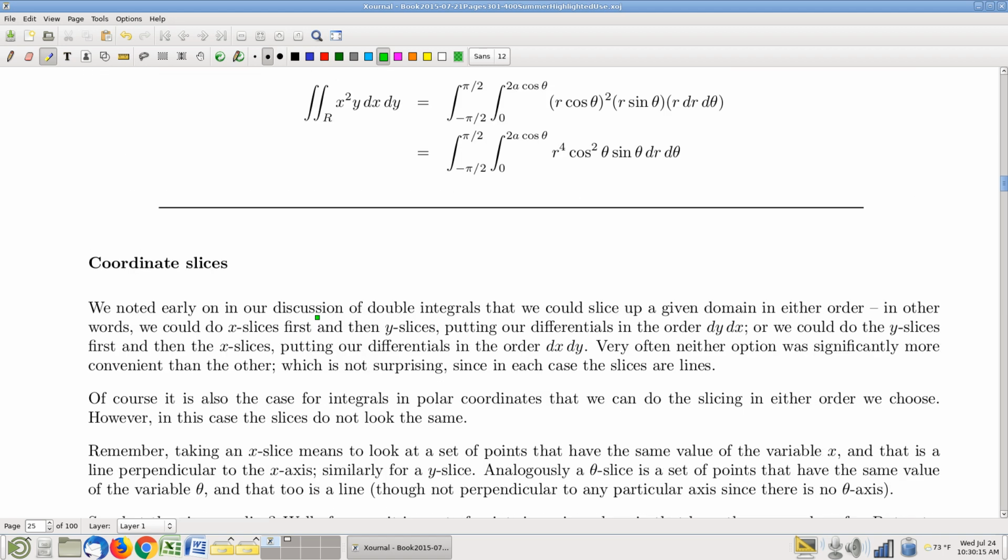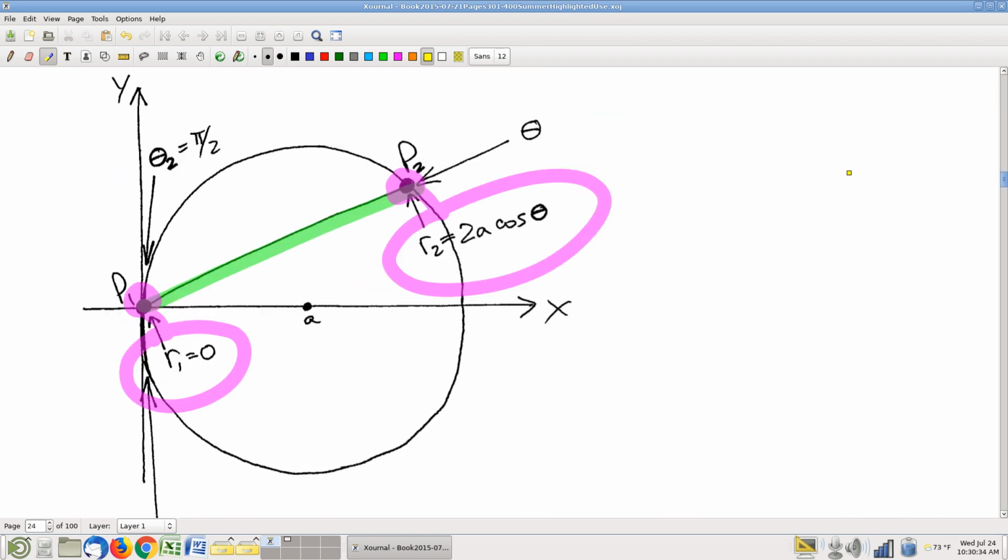So there's that x squared y. And then the only thing that changes is we introduce the stretching factor. Does that make sense? So the domain is the x minus a quantity squared, etc. All that business was about understanding the shape of the domain.